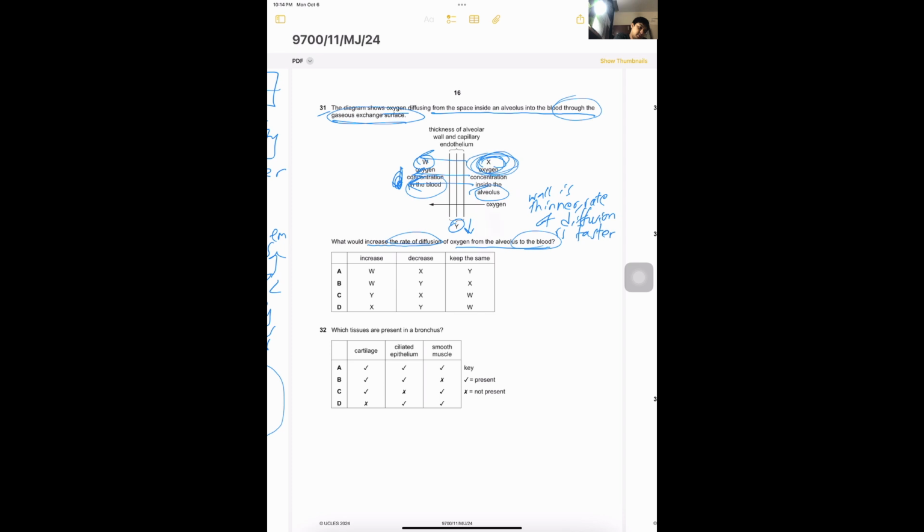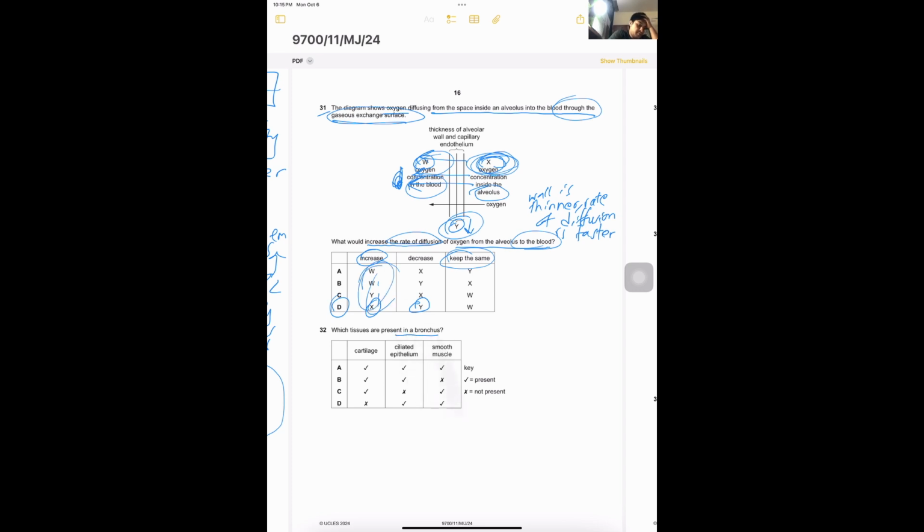So first is to increase the concentration of X. I can only see X in one option, and decrease Y, yes, and keep W the same. W could be kept the same or maybe decrease, but we don't need to consider that because there is no option suggesting that.